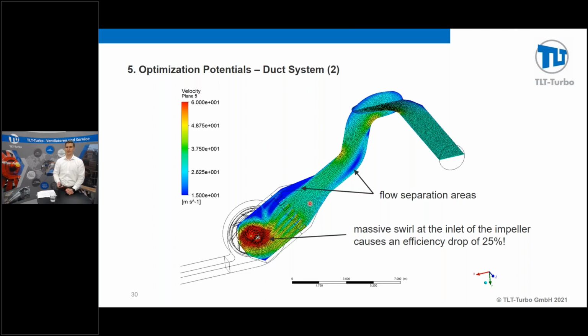If the duct system had been optimized a little bit, or if the separation areas could have been minimized, I think the fan wouldn't have swirled in front of the impeller and would have operated better. At the end, I do not have the slide now, but we optimized that and could fix it by optimizing the duct system, basically.